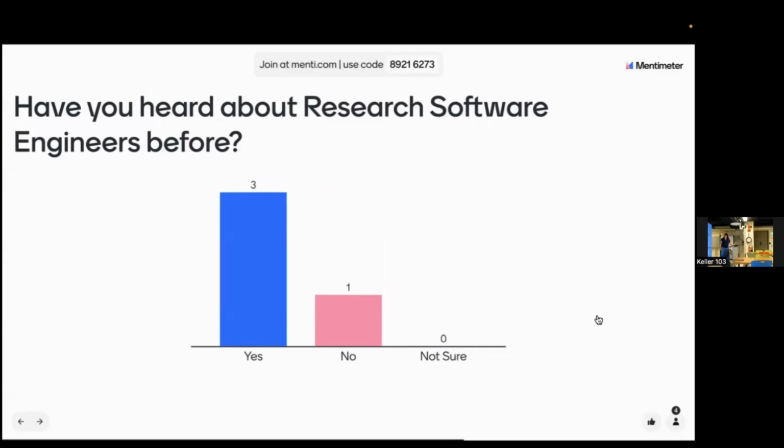Love it. No. So I hope I have 2 who are really enthusiastic now about research software engineering and research software. Very cool. So 4 to 2.